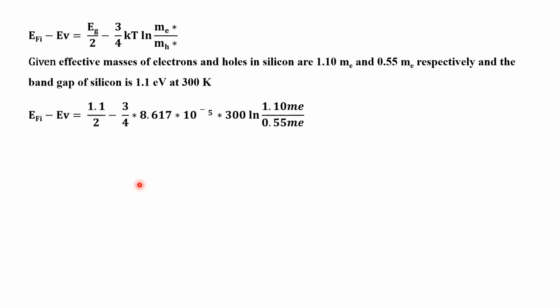So when you substitute, you will get something like this: 1.1 by 2 minus 3 by 4 times K, which is a constant, times 300, which is given to us, times ln of those two values they have given us, 1.10 m0 and 0.55 m0. m0 and m0 will get cancelled.